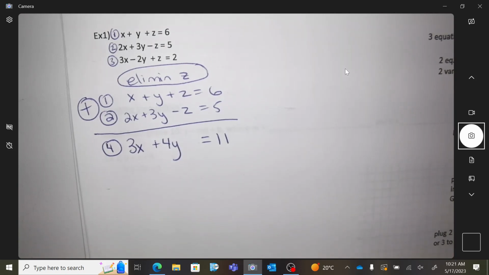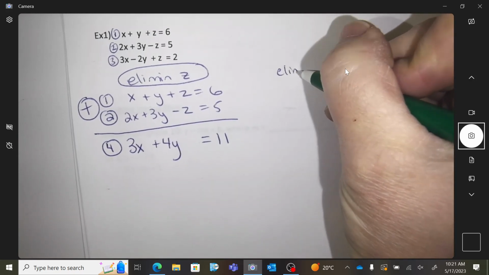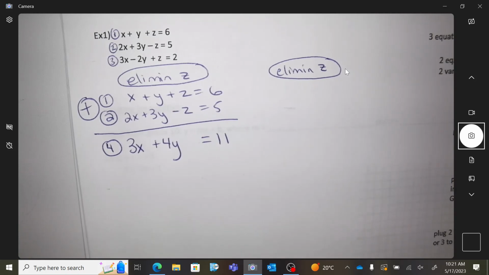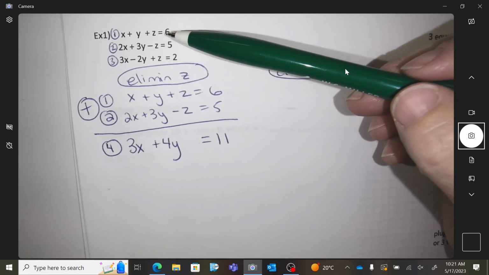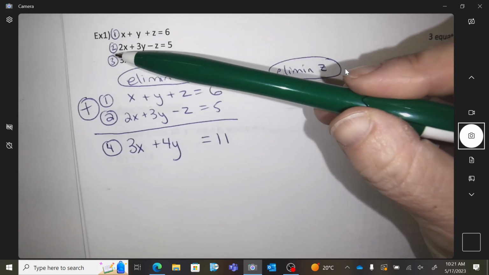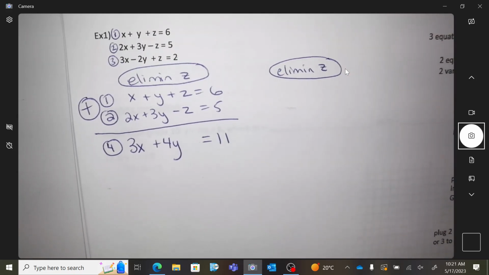Now we have to repeat that exact same process. So we're going to eliminate Z. But this time we have to pick 2 different equations. So what are some other combos you could do? You could do equation 1 with 3, or you could do equations 2 and 3. What do you want to do?